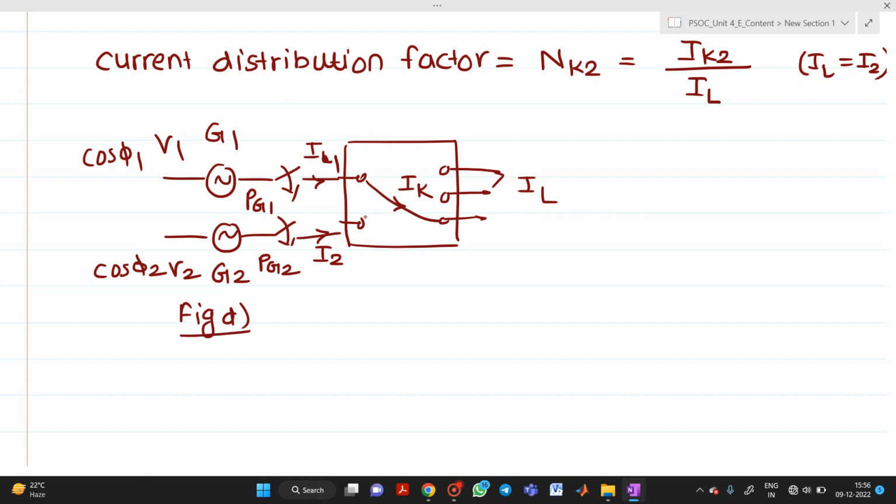I can say that the load is supplied by generator G1 and generator G2 both. Now what is the current through a line?